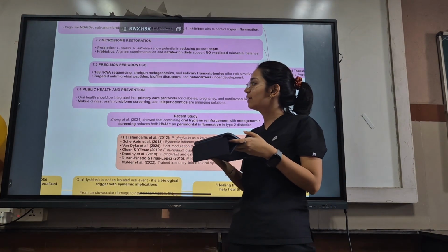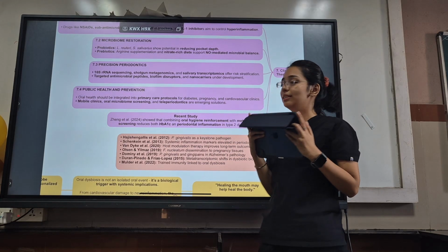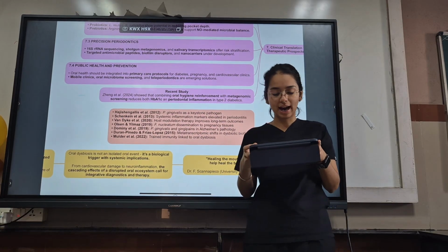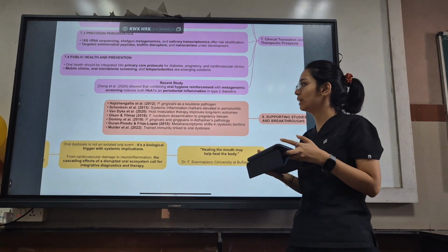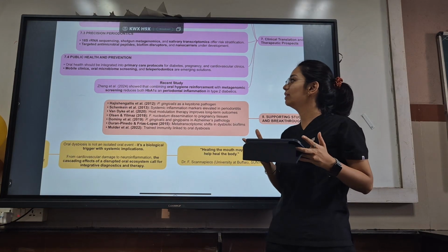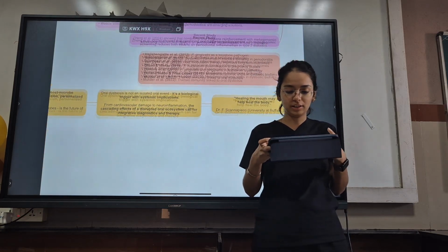Mobile clinics, oral microbiome cleaning, and teleperiodontitis are also emerging solutions. Another recent study showed that combining oral hygiene reinforcement with metagenomic screening reduces both HbA1c levels and periodontal inflammation in type 2 diabetes.